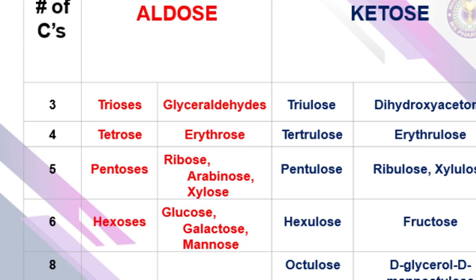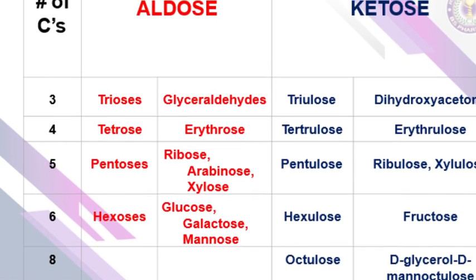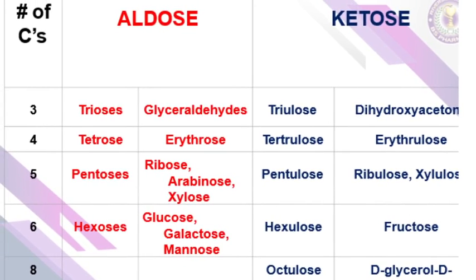We have these different kinds of sugars according to the number of carbons. Under aldose, if you have 3 carbons, that would be called trioses, tetroses for 4, pentoses for 5, and hexoses for 6. If you are a ketone and you have 3 carbons, you are generally called triulose, tetrulose if 4 carbons, pentulose, hexulose, octulose, and so on.